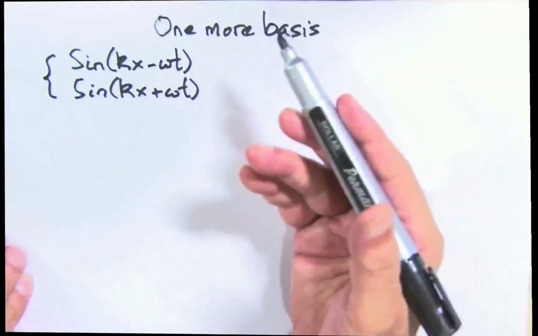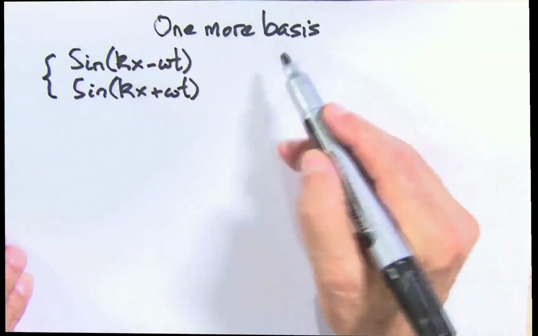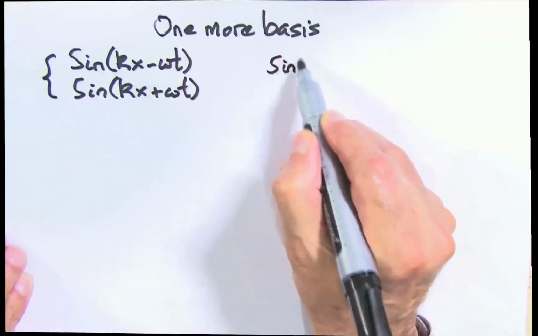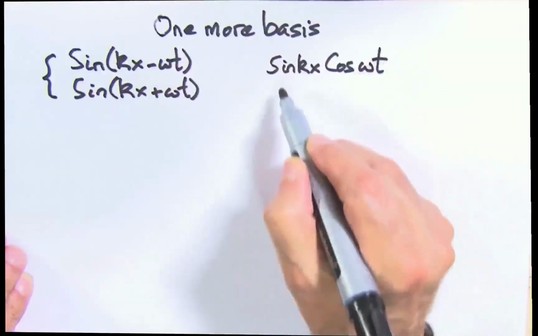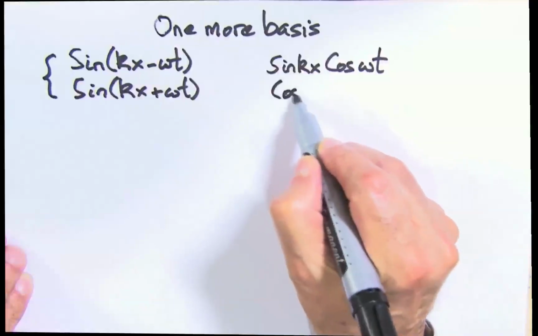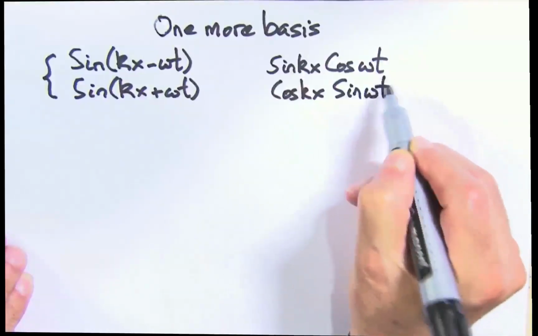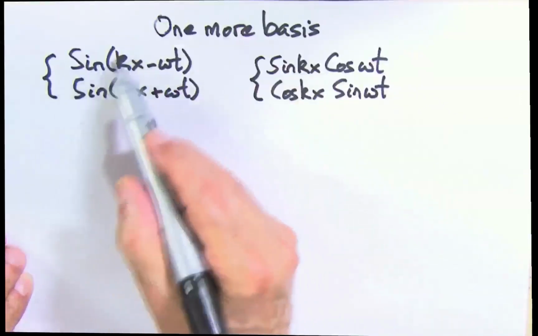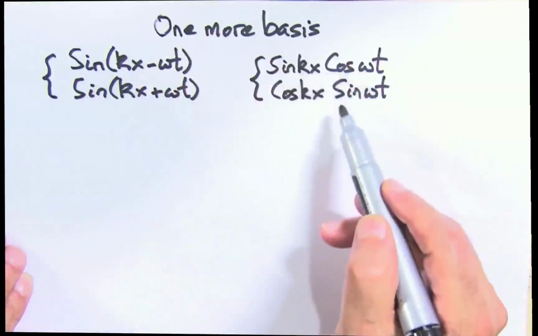You can take a linear combination of these, or we could have taken sine kx cosine omega t and cosine kx sine omega t, by taking this plus this or this minus this, we would get this.